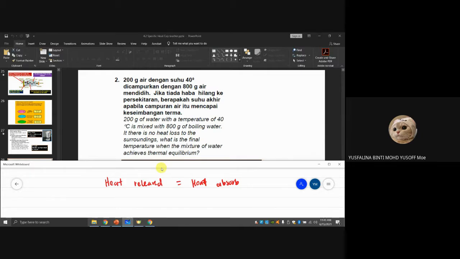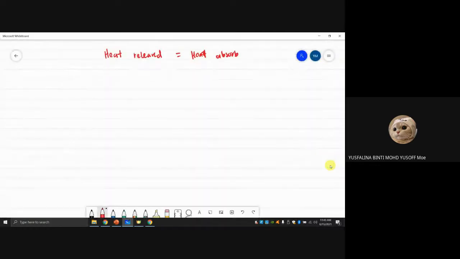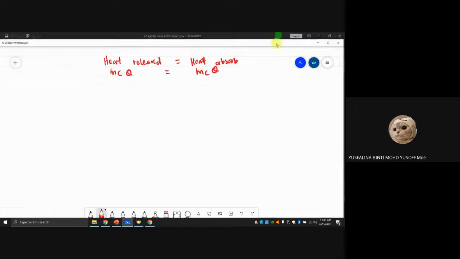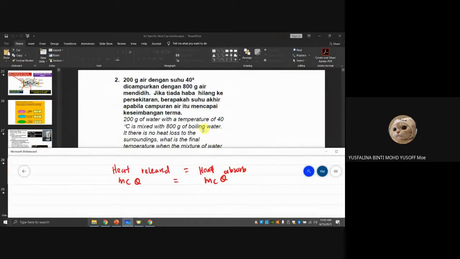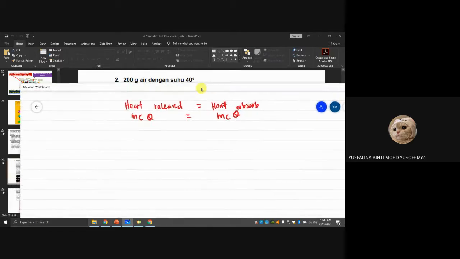After that we use the formula. What is the formula of heat here? It is mc theta. So mc theta equals mc theta. The heat released is from the boiling water, the one at 100 degrees Celsius. The mass of the boiling water is 800 gram, so you change the mass to kg first, so 0.8.